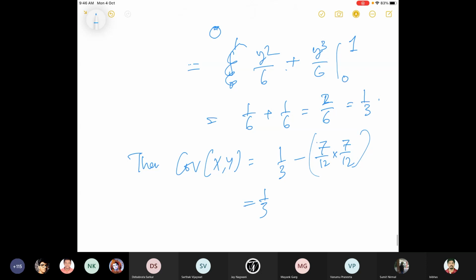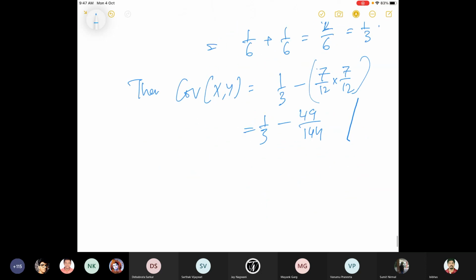So 1 by 3 minus 49 by 144, which is, over 144, 48 minus 49, which is minus 1 by 144. So this value is negative here. The value of covariance could be negative. Negative meaning when x is increasing, y is decreasing.